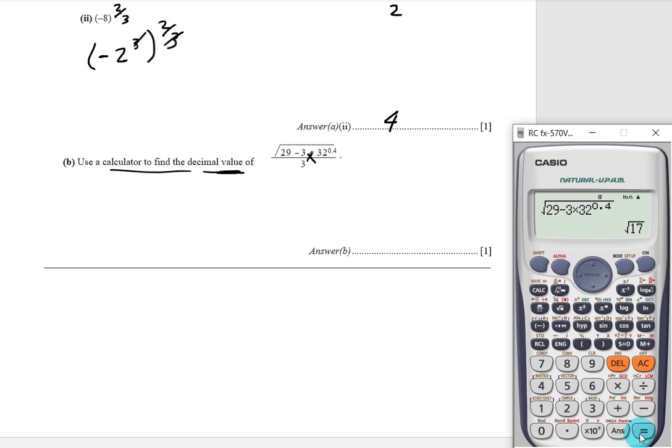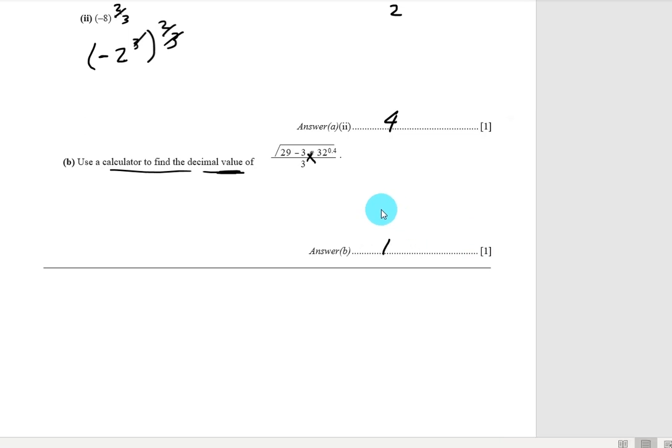This is equal to square root of 17 divided by 3, so the answer would be 1.37. The answer would be 1.37.